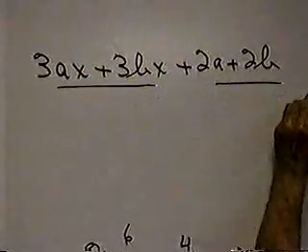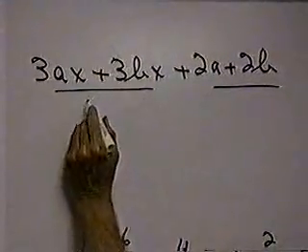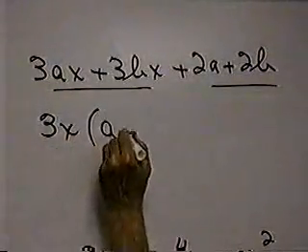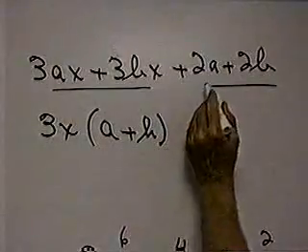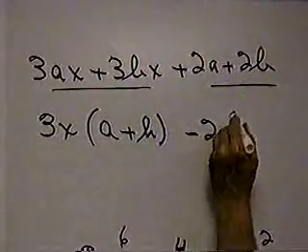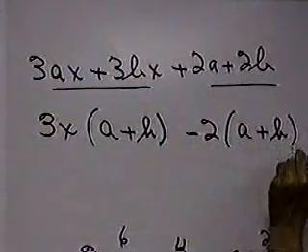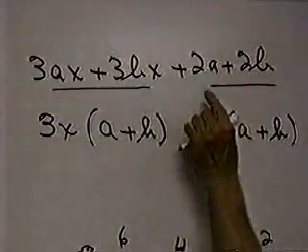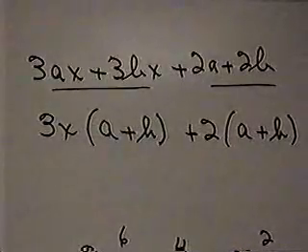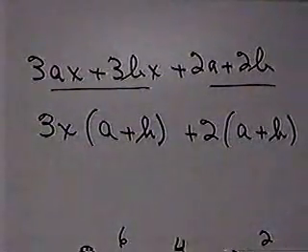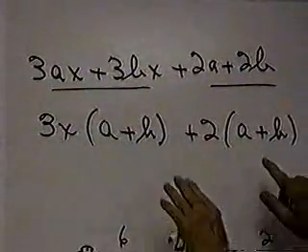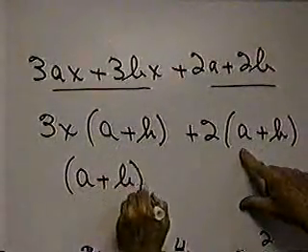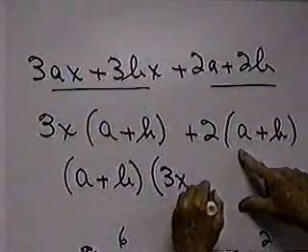You look for a common factor in the first 2, which in this case would be 3x, and a common factor in the last 2, which would be 2. That's a plus, okay, plus 2. And now we're back to example 3, which says this is a common factor. So I'll take that a plus b out, and that leaves me 3x plus 2.